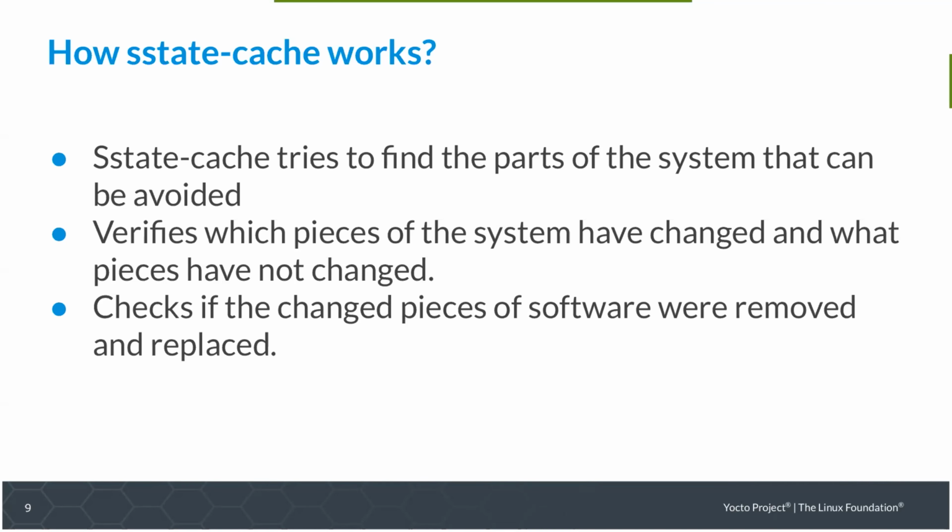Okay, in general, this is what the state cache does. When you do a bitbake, the state cache will always do this checking before starting a build, to say, okay, we need to do a new rebuild, or we can use the cache for that. This is what the state cache is going to do.